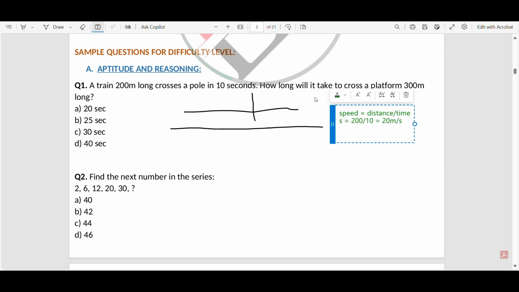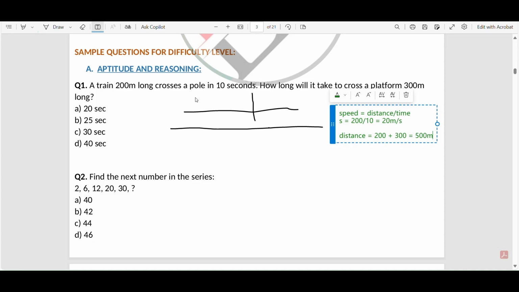Then you need to find the time taken to cross a platform of 300 meters. So here the distance will change to 200 plus 300, because the platform is 300 meters, so you need to add it to the distance.